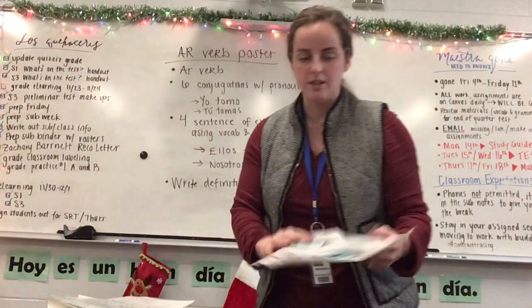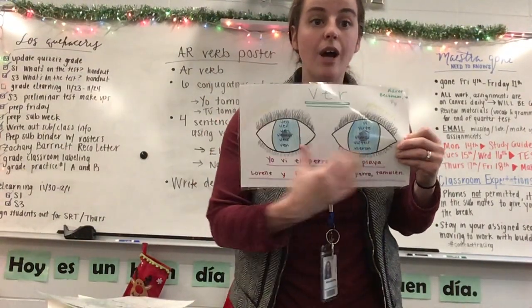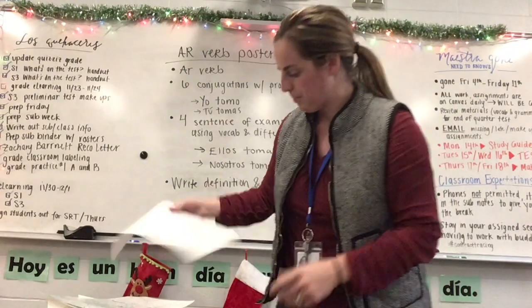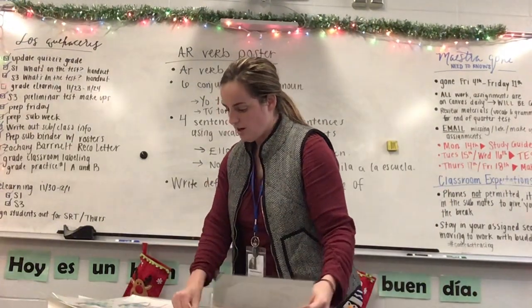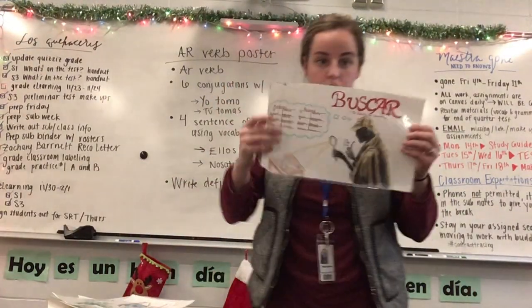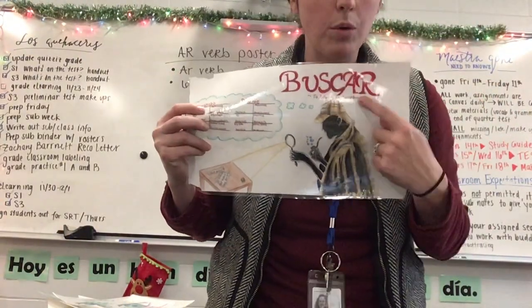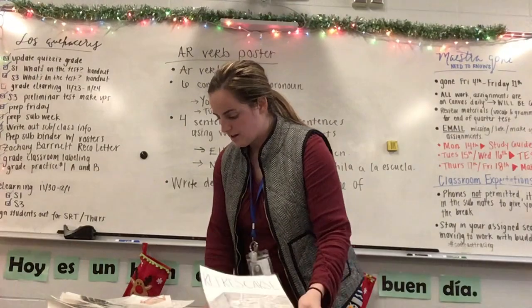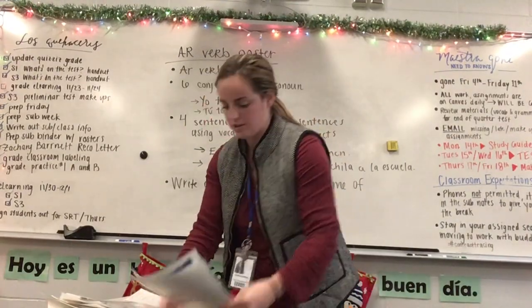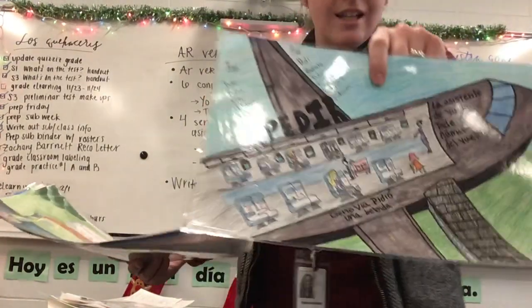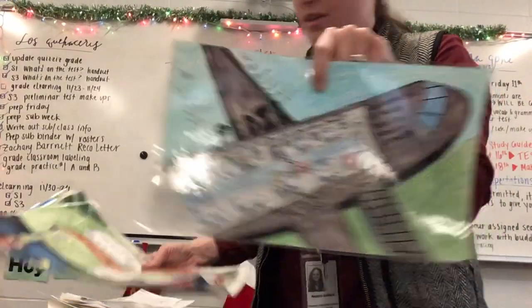Let's see, this person did to see, so they drew eyes with conjugations and then wrote some example sentences down at the bottom. This person did to search for or to look, and they drew their conjugations up here and drew a picture, wrote the word and the definitions. And there's lots and lots of other ones that you could do. Pedir means to ask, like you're on a plane asking for things.